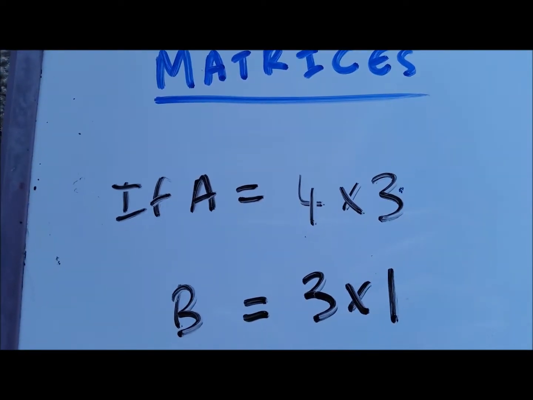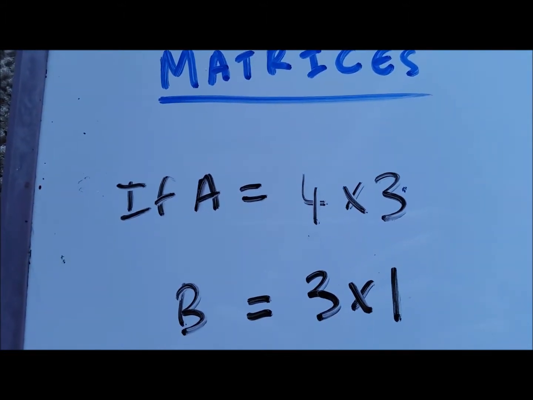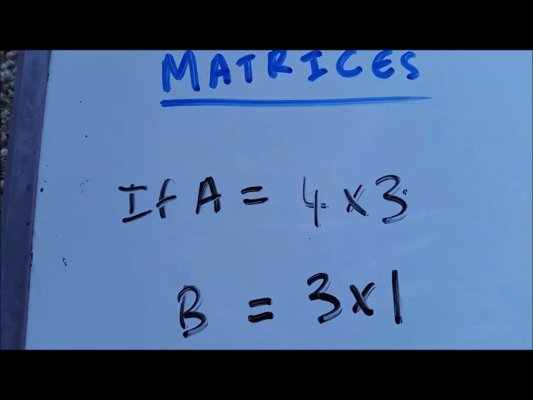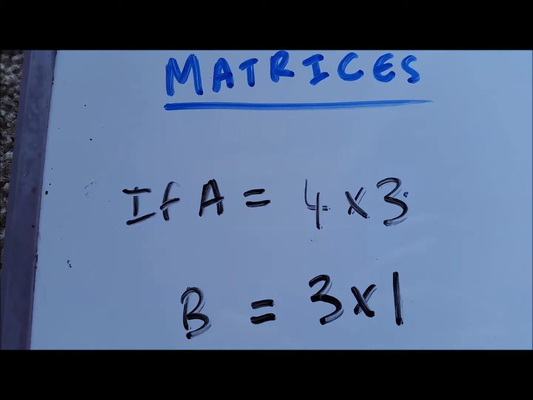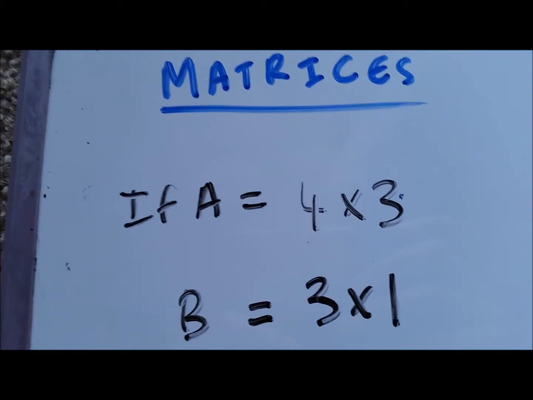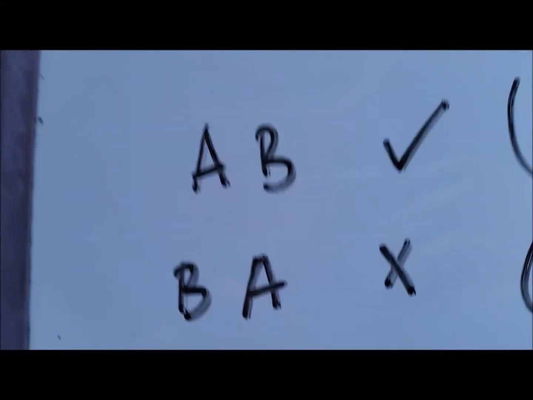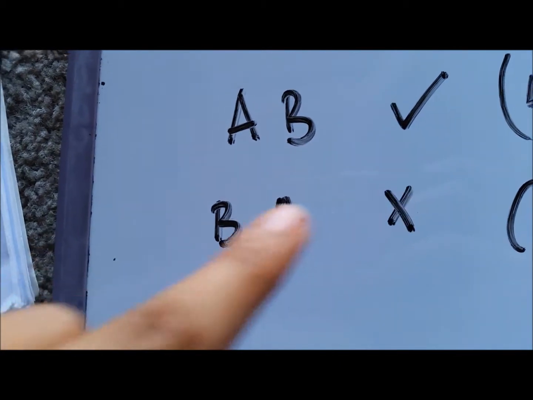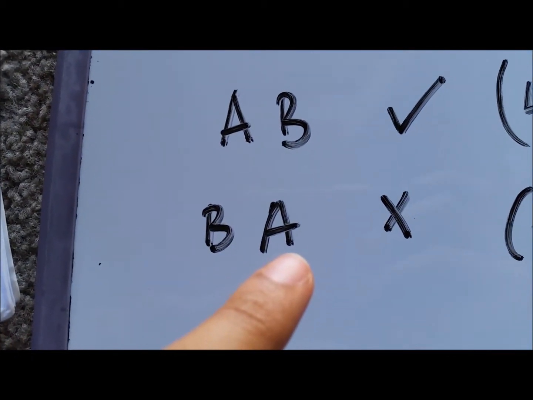If we had a matrix A equal to 4 times 3 and B equal to 3 times 1, it's important to note that matrices have something a bit special about them. For example, you can actually do A times B, but you can't do B times A. Let's have a closer look.